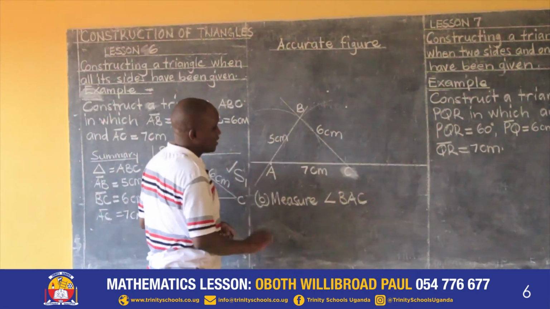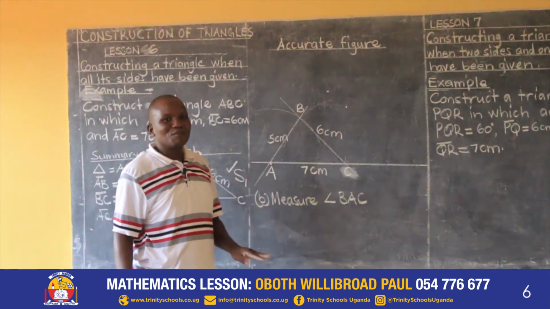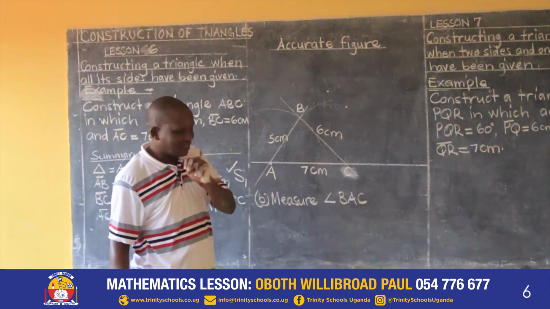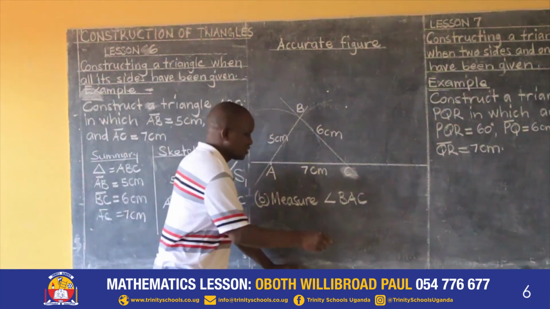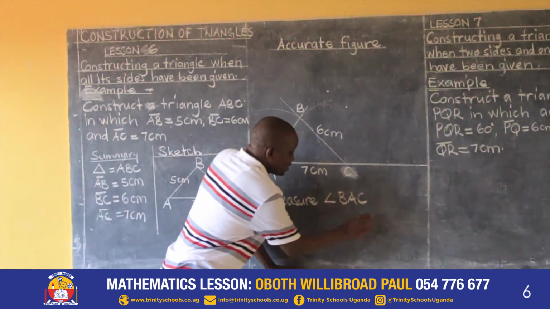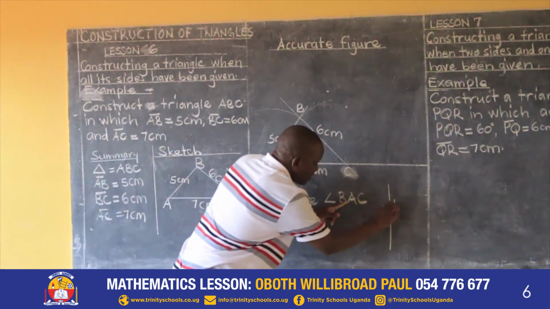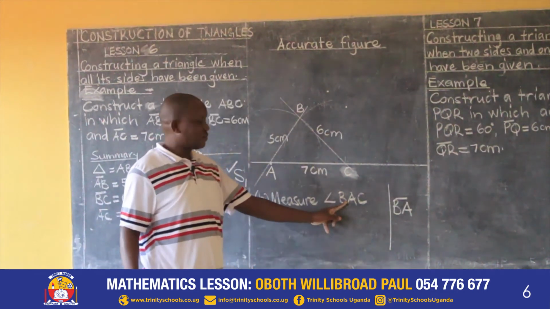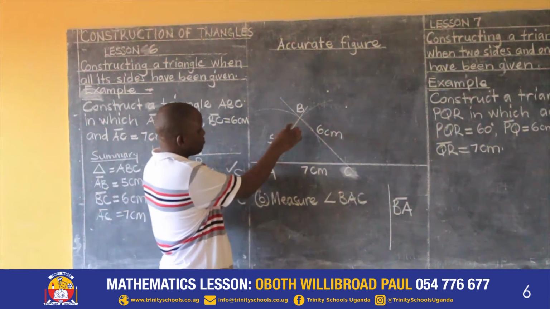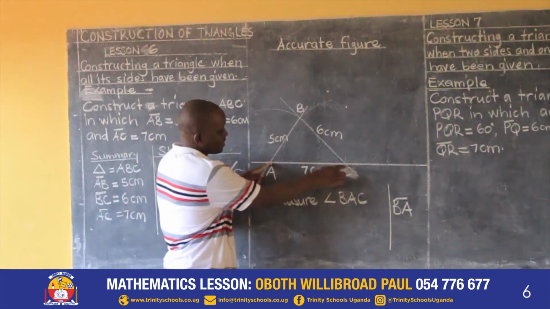Those are vertices. So the angle BAC is formed by 2 lines. We said an angle is this gap between 2 lines. Angle BAC is formed by lines BA, let me write it here, BA, that's one of the lines that form that angle, and the other line is AC.